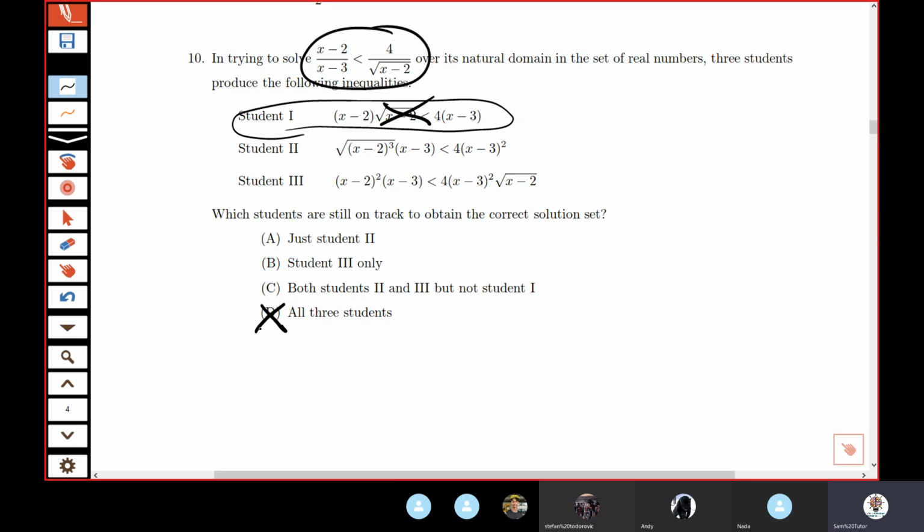Not D. Now, student double I and triple I. Let me just see what's happened here again. Triple I is multiplied by x minus 2 and x minus 2.